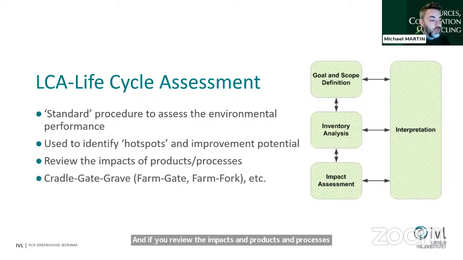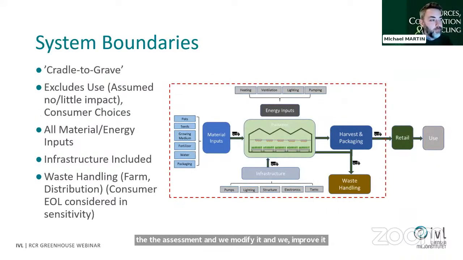We typically call these cradle to gate or cradle to grave, but in food systems, we often refer to it as farm gate or farm to fork, etc. You can see the processes on the right. We define the goal and scope, we do an inventory, and we do an impact assessment, but all through it, it's a very iterative process. So we have interpretation, and we constantly go back and update the assessment, and we modify it and improve it all throughout.